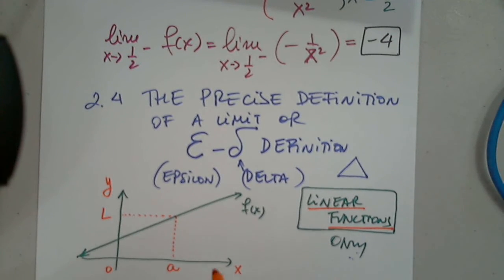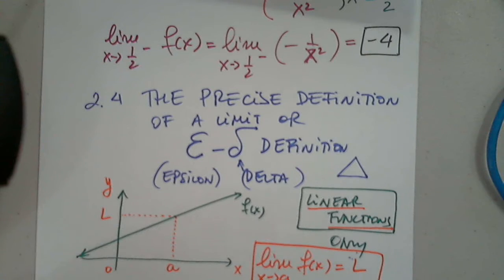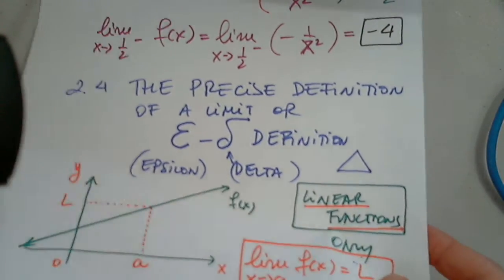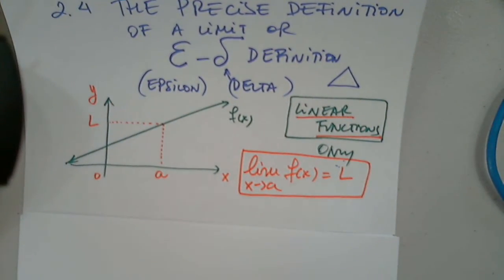Okay. Looking at this graph, can you say whether I'm correct? That limit as x approaches a from either side of f of x is L. Would you say this is correct? That I'm correct when I write this based on my graph? Yes, of course. So what really happens here?